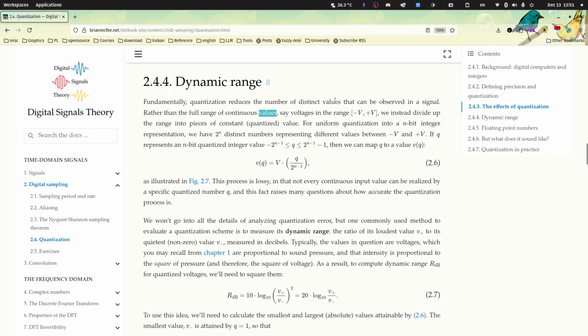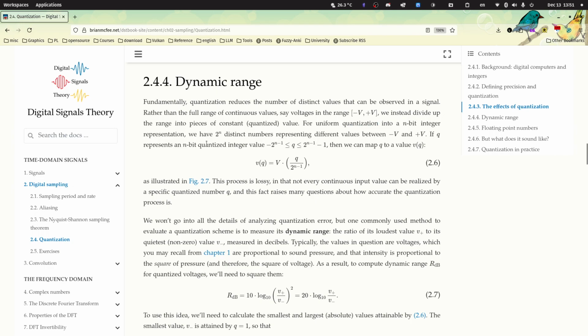Say the voltage is in a range like this; we instead divide up the range into pieces of constant quantized value. For uniform quantization into n-bit integers, we have 2 to the n distinct numbers representing different values.